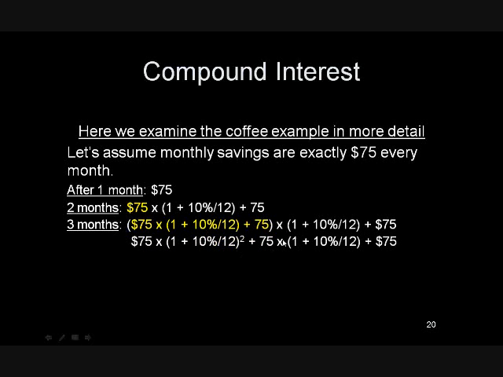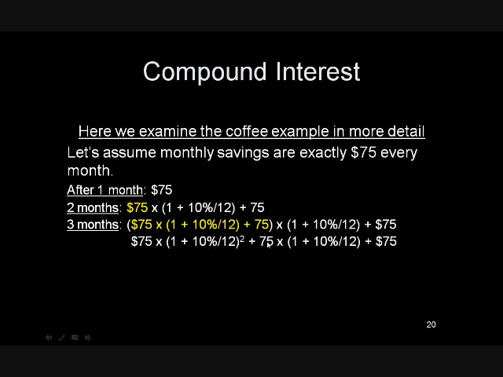Now, what we can do is multiply through by this quantity 1 plus 10% divided by 12. So we multiply through, and we get 75 times the quantity 1 plus 10% divided by 12 squared, because we're multiplying this quantity times this quantity, so it just becomes the quantity squared.